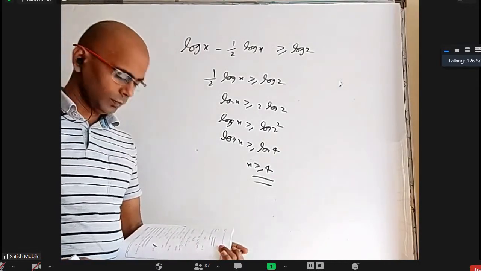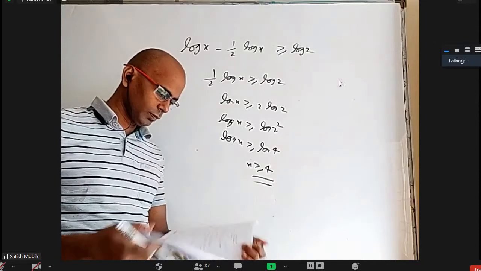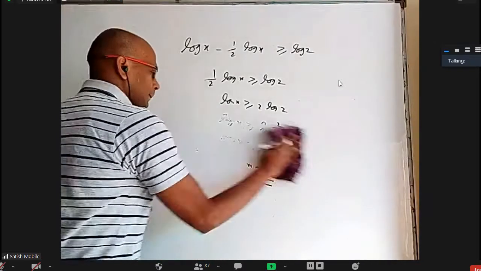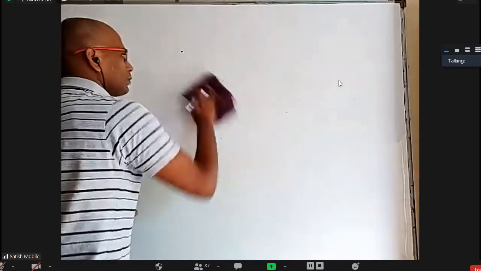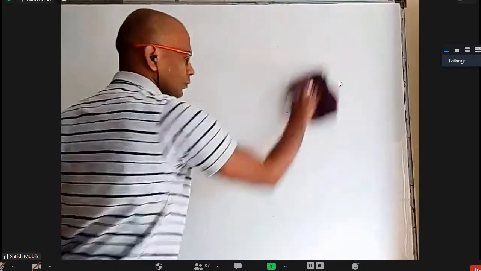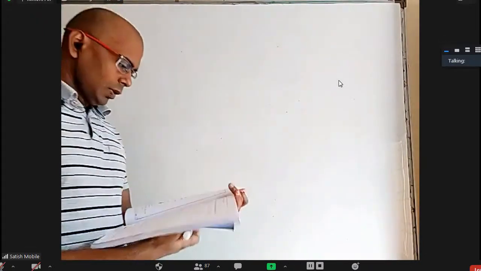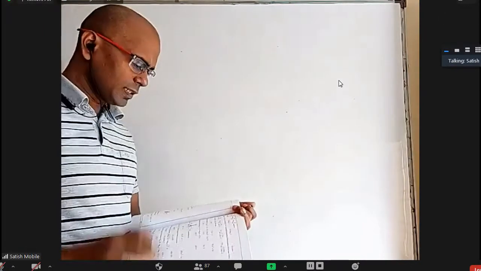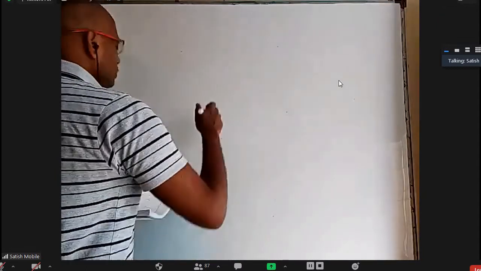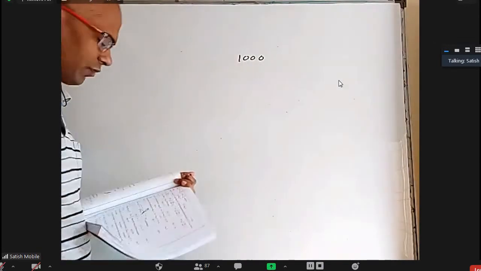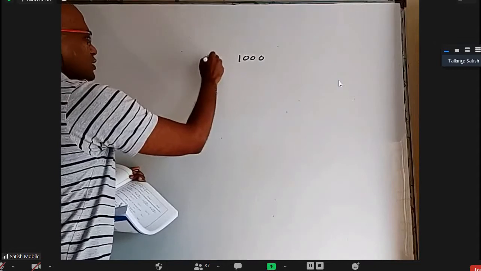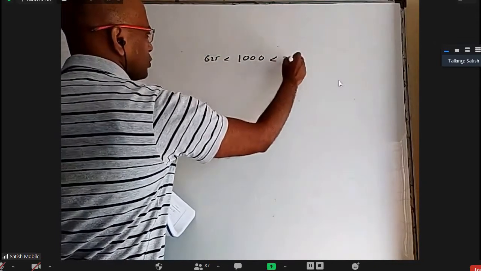Sir, 12. 12, okay. Okay, 12th one, let us try to find an x value approximately, will be from what to what. Okay, so 1000. If I take 5 square, 5 cube, I think it is between 625 and 3125.